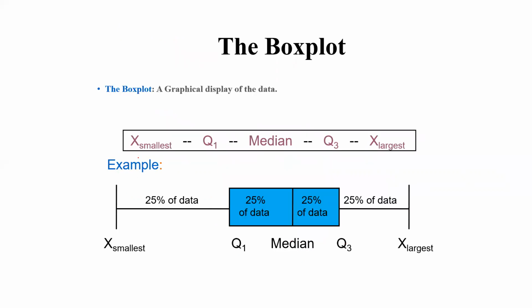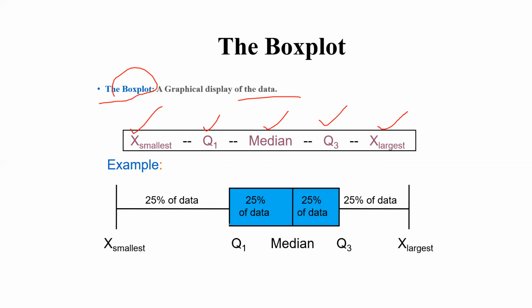Now the box plots we need to understand. If we have data and we are going to plot the box plot, which is a graphical display of the data, first of all we need to find out in the given data set the smallest value, the first quartile value, the median value, the upper quartile value, and the largest or maximum value.